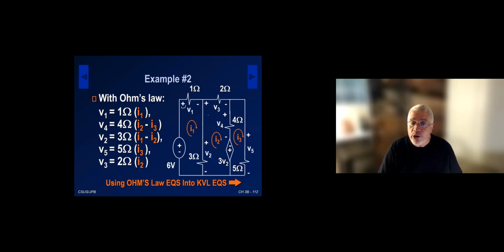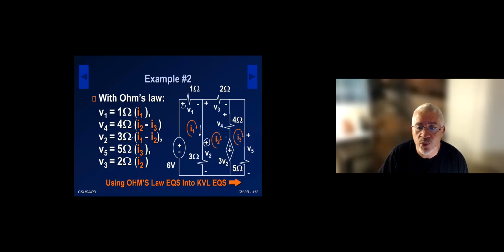How is the current entering V2? For the 3 ohm, I want the current to be this one so that it satisfies the passive sign convention. So the current coming down the 3 ohm, just like the arrow I put here, is I1 minus I2.